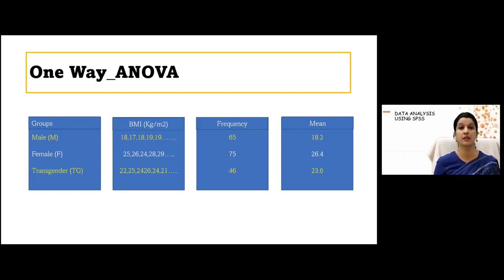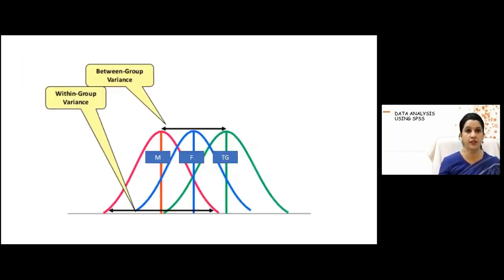Overall mean means the mean of male, female, and transgender. So that's the between group variance. And within group variance is the same which we did yesterday, that is, the deviation from the mean. That is a variance, right?